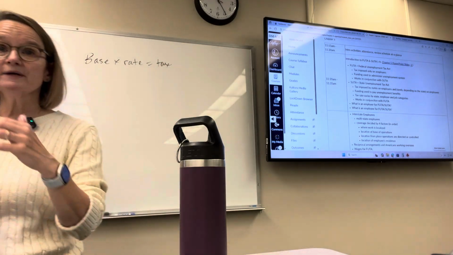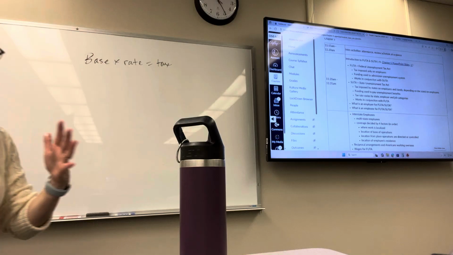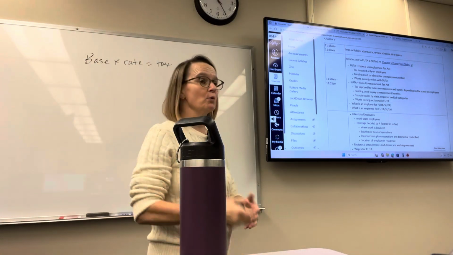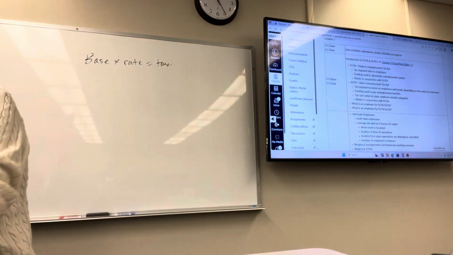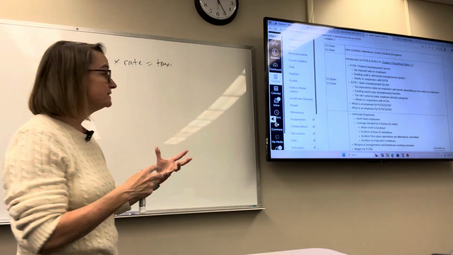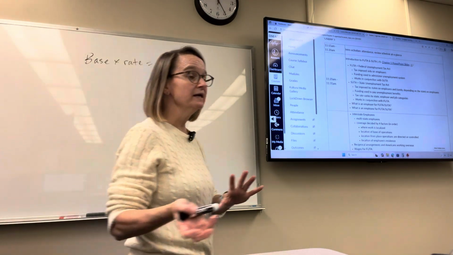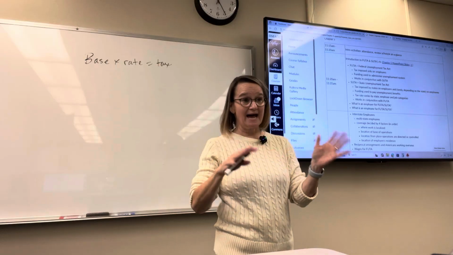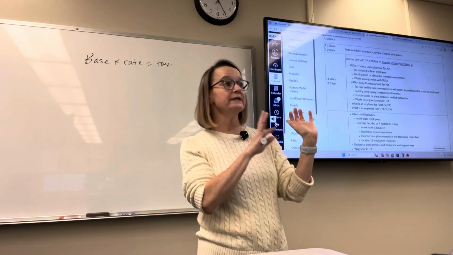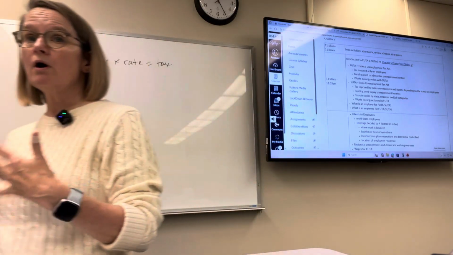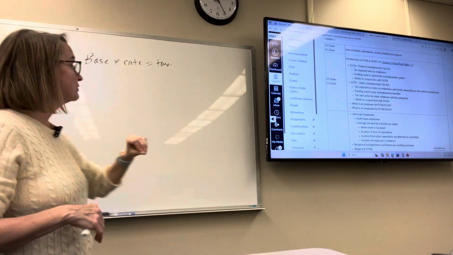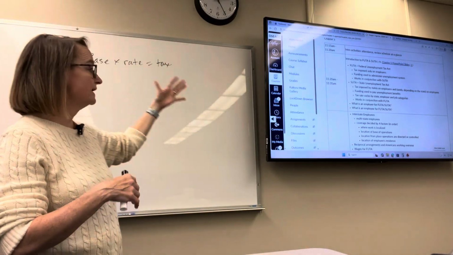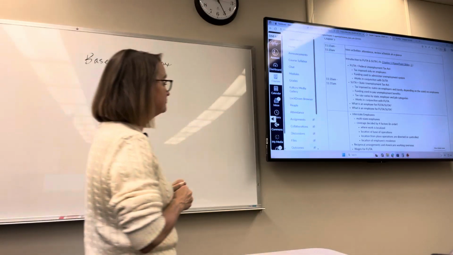So we have to determine what that base is, what those taxable wages are, what types of wages are included in that calculation, and who is considered an employee, because these unemployment taxes only apply to individuals who are considered to be employees. We have to go through all of those factors before we get to the actual calculations of these rates.